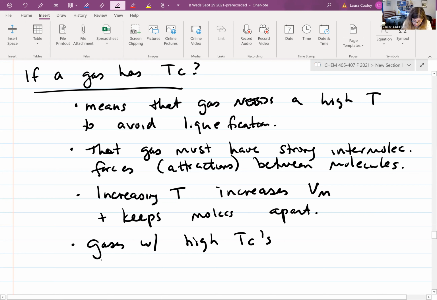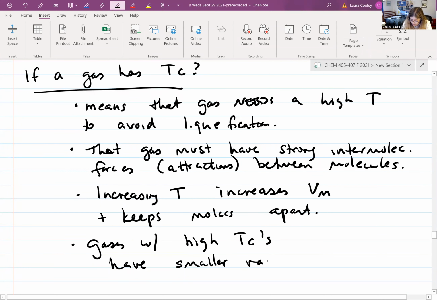So gases with high TCs have a smaller range of temperatures where they behave ideally. And of course, the opposite, right? The lower the critical temperature, the greater the range of temperatures where a gas behaves ideally. And that would be a case when you didn't have a lot of intermolecular forces.